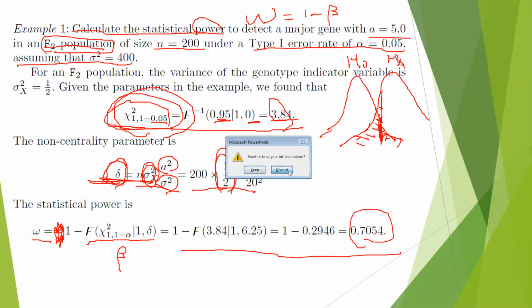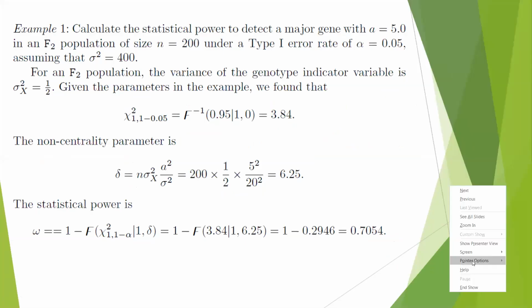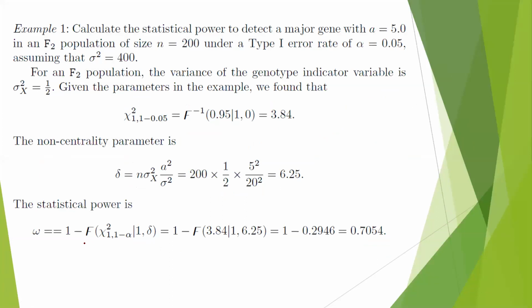I have a question, Professor. Go ahead. For the last line, where we have the F statistic, do we look at the chi-square table for the value? Oh yeah. This is not an F statistic. This is actually a function.